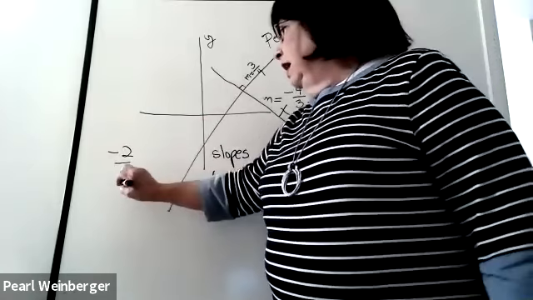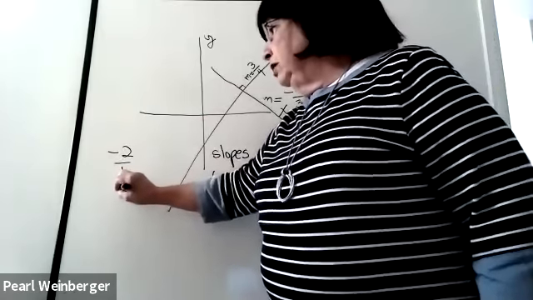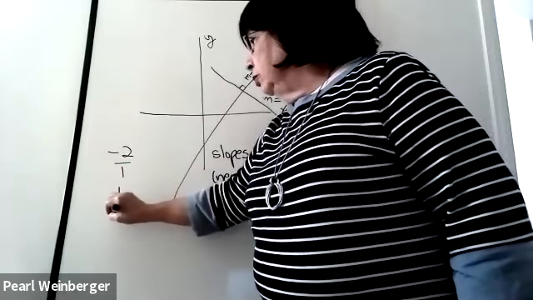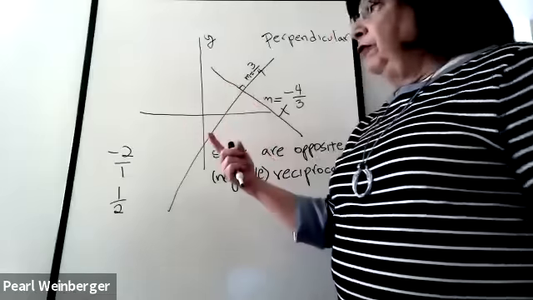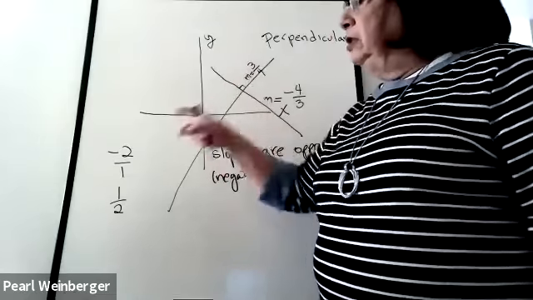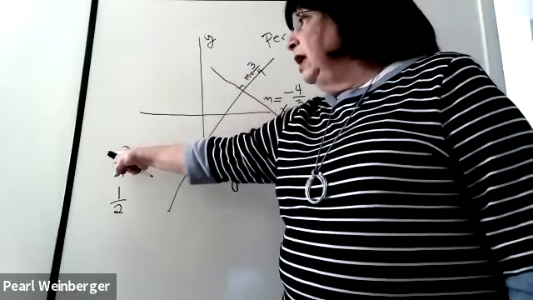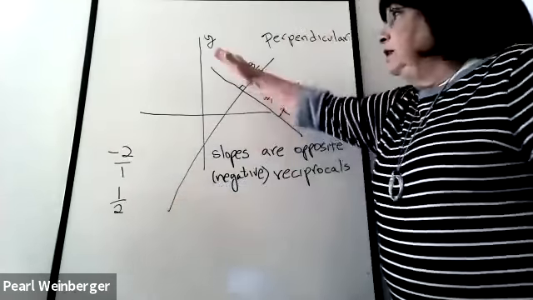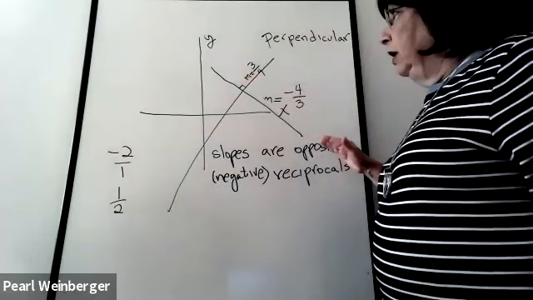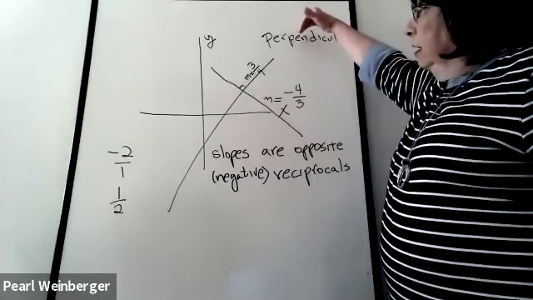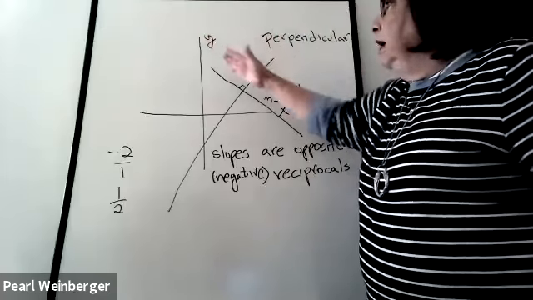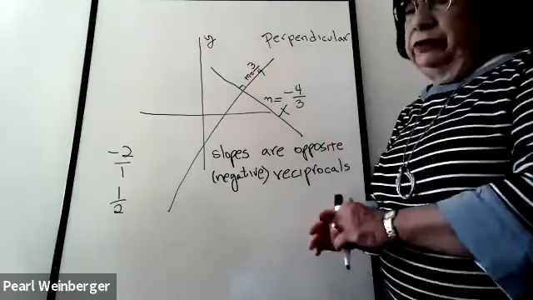Then its negative reciprocal or opposite reciprocal would be +1/2. You flip over the fraction and you switch its sign. Since the original was negative, the other one is going to be positive. That makes sense if you think about it, because if one line goes this way, in other words, it has a positive slope, the perpendicular line will have to go this way and have a negative slope.